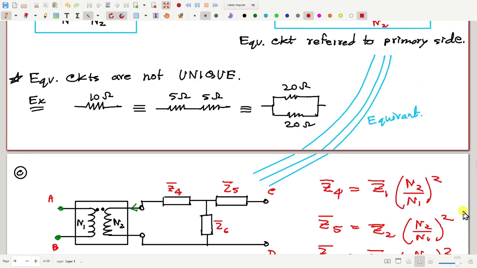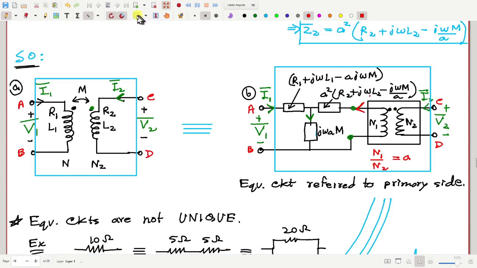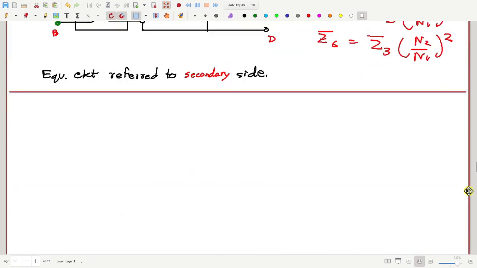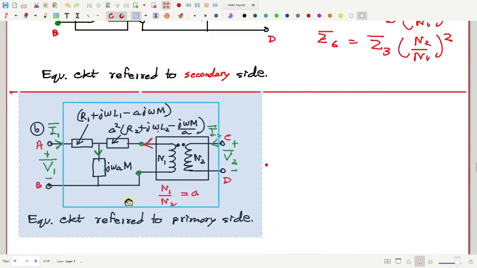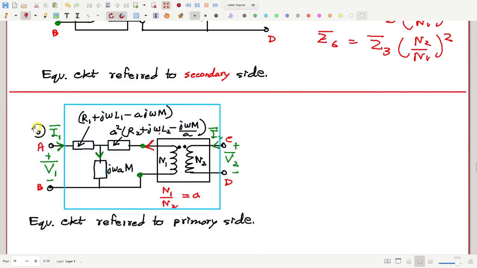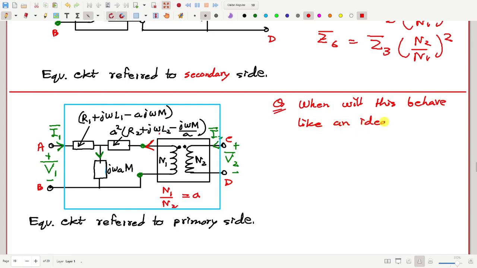Now I have a question. Suppose this is the equivalent circuit of an actual transformer. Now let me ask the question: when will this transformer behave like an ideal transformer?